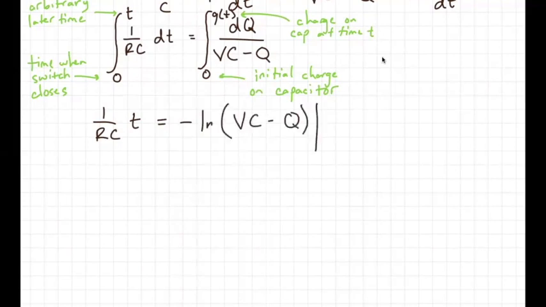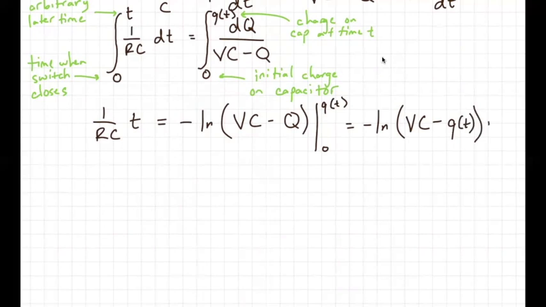And then I evaluate this from 0 to Q of t. I think it's really important to write out the bounds here, because it's really easy to drop the lower bound and think that it goes to 0 when in fact it does not. If you work this out, the upper bound looks like log of VC minus Q, and the lower bound looks like log of VC.